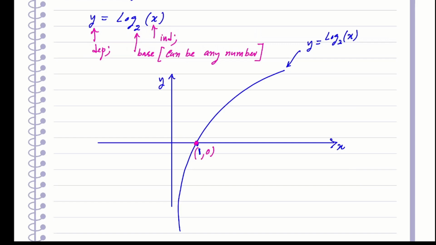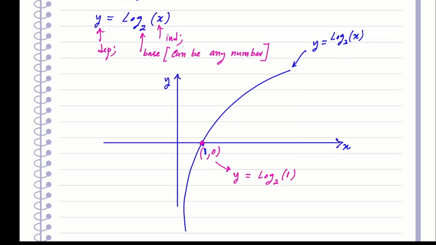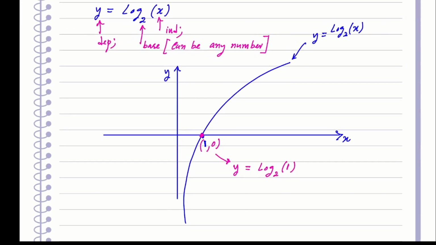If you apply the x coordinate, which is 1, into that equation, what you get is y is equal to log₂ 1. You are substituting 1 into x. If you look at the plot, you can see that the y coordinate is 0. So that tells you that this should be 0, because that's indeed the y coordinate. So the underlying story is log₂ 1 is 0.